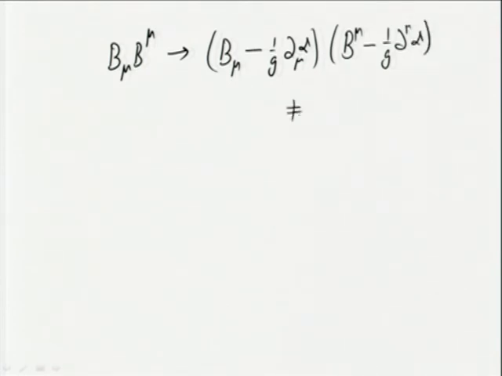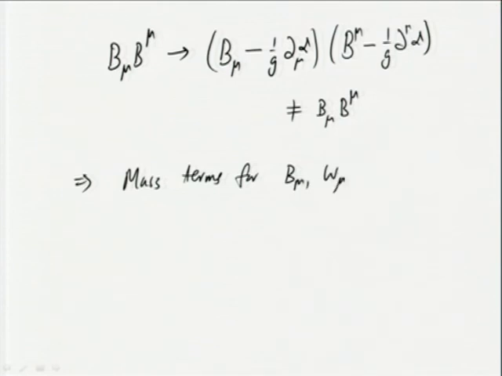This is not equal to B mu B mu. It is not possible to have these things. So, this is the reason why we cannot have a mass term for the gauge bosons as well. Therefore, mass terms for B mu, W mu or G mu will not be gauge invariant.